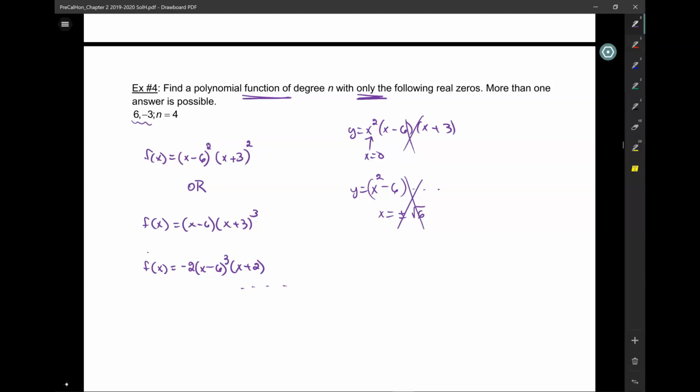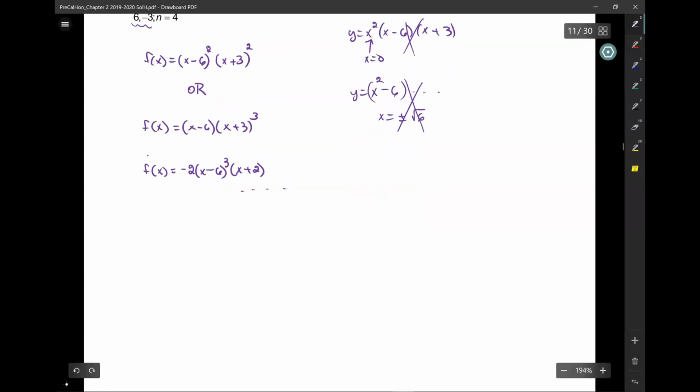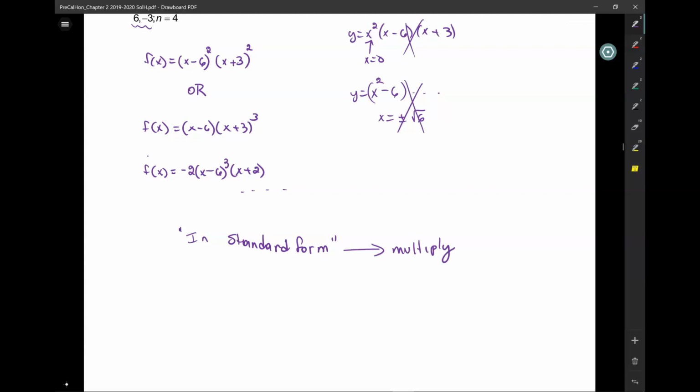So, whether you have to FOIL has to do with the instructions. If the instructions are just this, it's okay. If the instructions said in standard form, okay, then you multiply. Multiply, FOIL, distribute, whatever, okay?